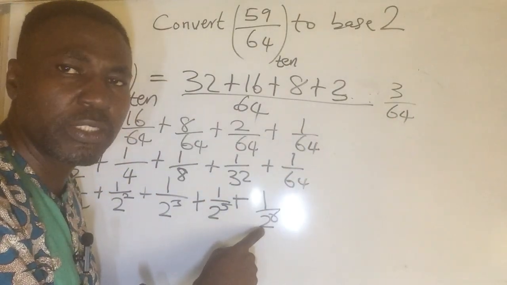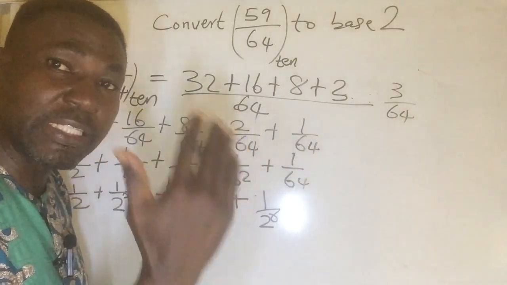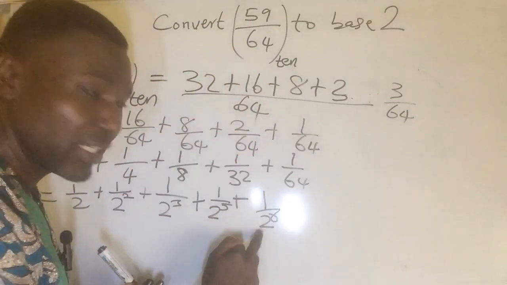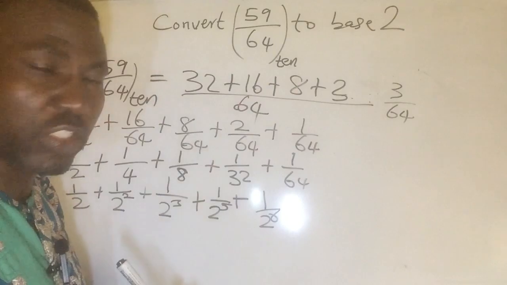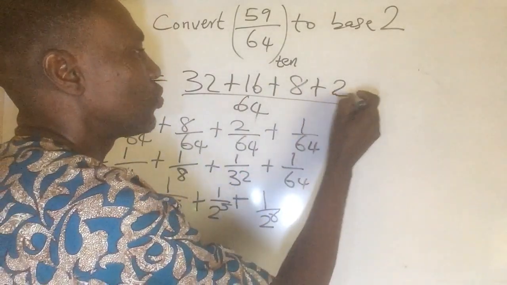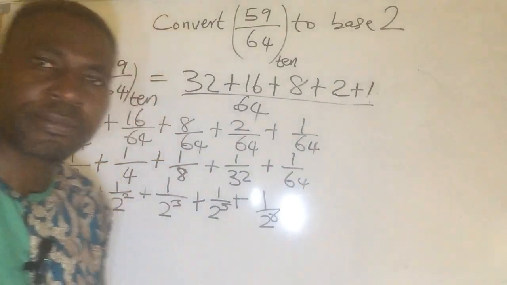Try it, you will see it. That is why you have to break it in a way that, after breaking them, it will enable you to still get the base you are looking for, which is 2. So we still continue with what I have done.